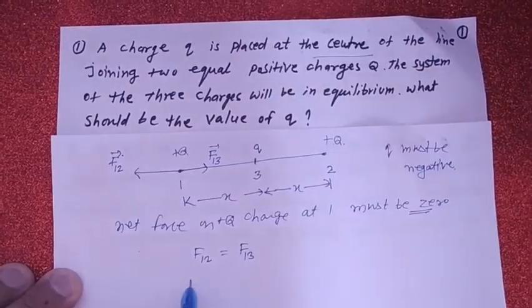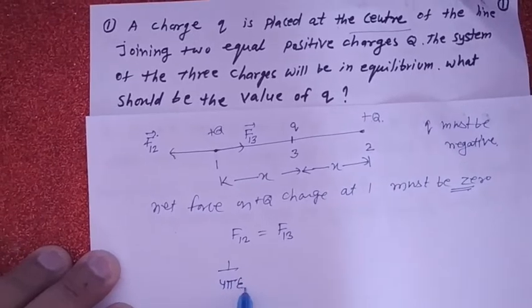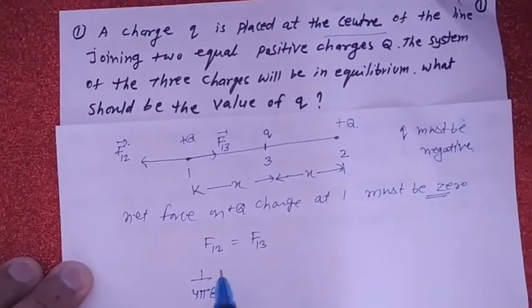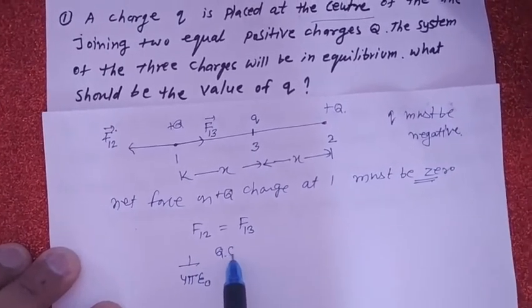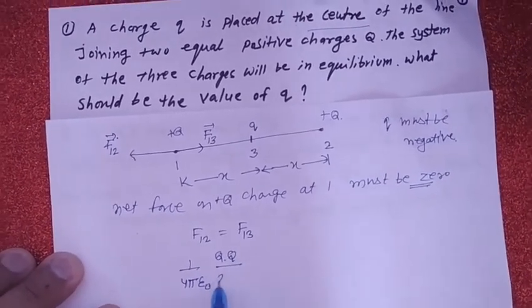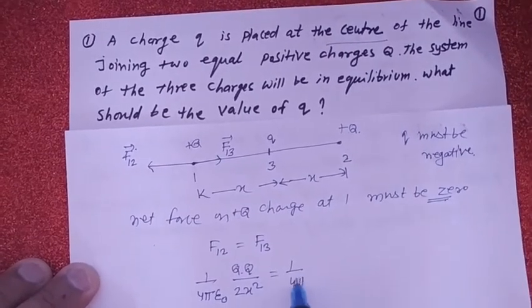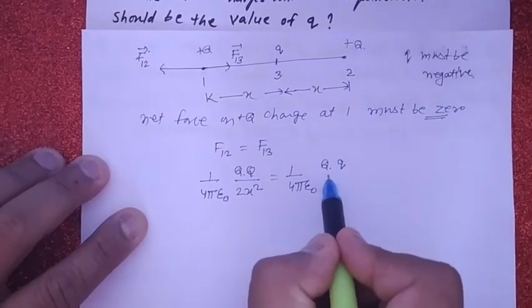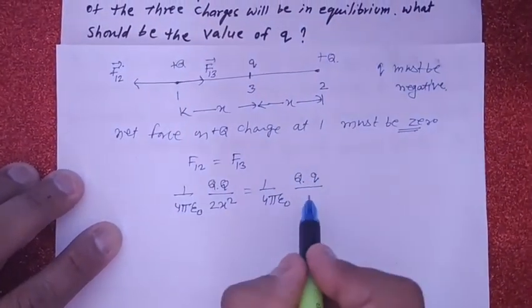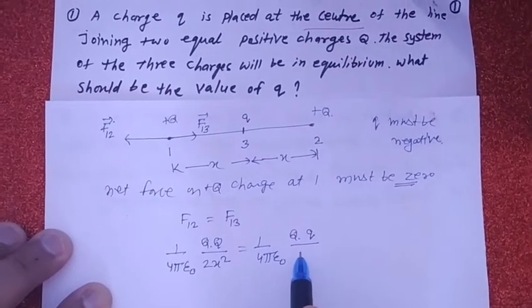So here, 1 upon 4 pi epsilon 0, capital Q upon 2x square, equal to 1 upon 4 pi epsilon 0, capital Q small q upon, now the distance is only x square.